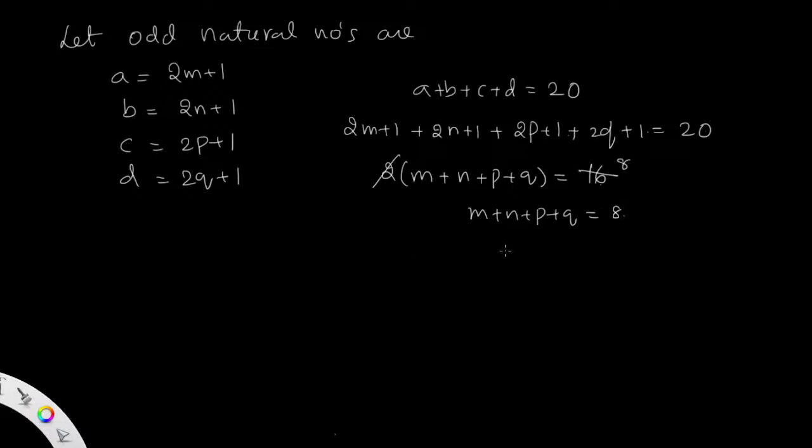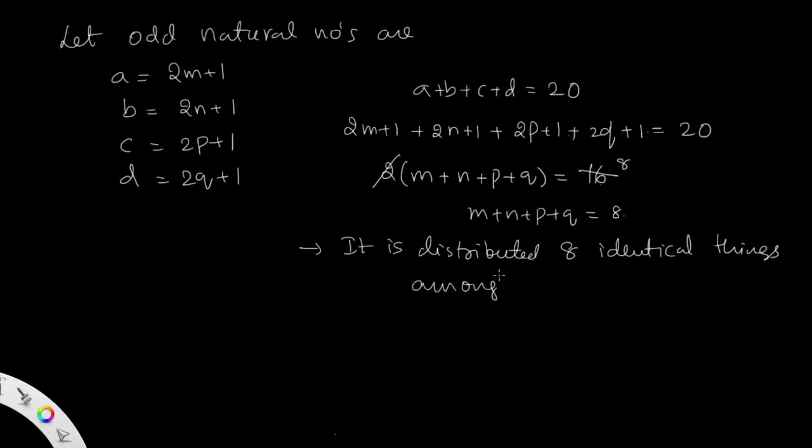Now it looks like a distribution of 8 things among 4 people. So it is similar to distributing 8 identical things among how many persons? 4 persons.